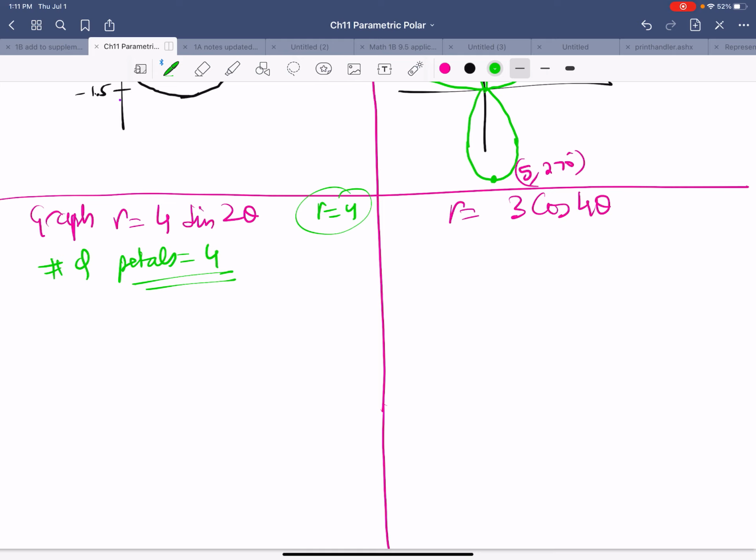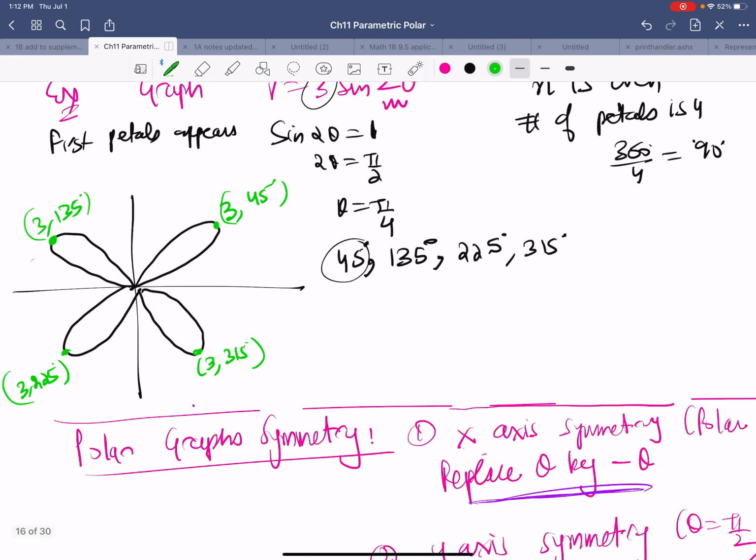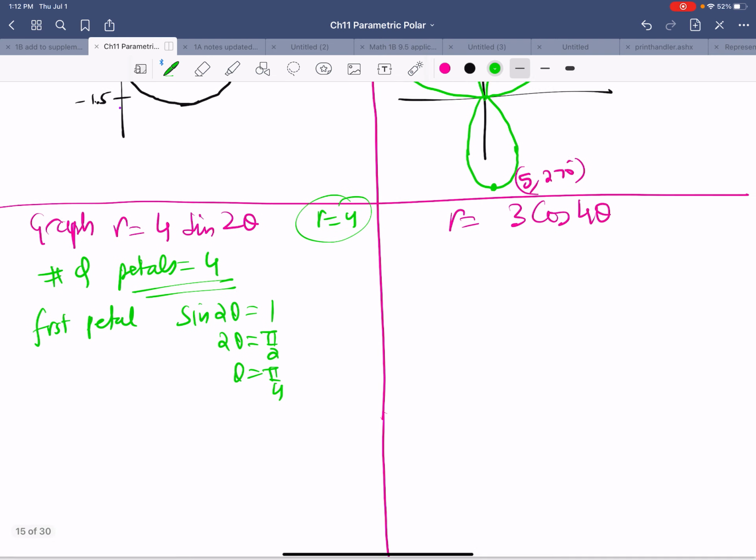Total number of petals will be 4. So the first petal will appear whenever sine 2 theta is equal to 1. When is sine 2 theta equal to 1? Whenever 2 theta is equal to pi over 2, so theta is equal to pi over 4. The problem we just did also had sine 2 theta, so it would be similar. So along 45 degrees, 135, 225, and 315.